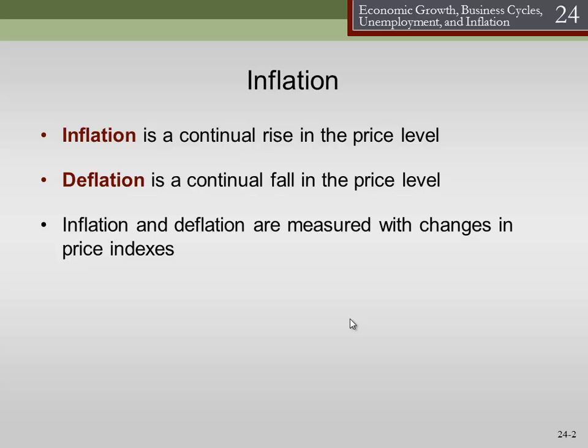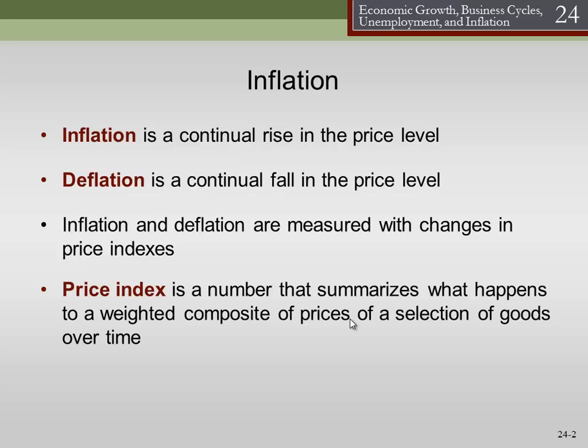So inflation and deflation are measured with changes in some kind of a price index. Now, what an index number does is it tries to measure overall movements within statistics. So it summarizes a lot of information into a single statistical number or index number. So a price index is a number that summarizes what happens to a weighted composite of prices of a selection of goods over time.